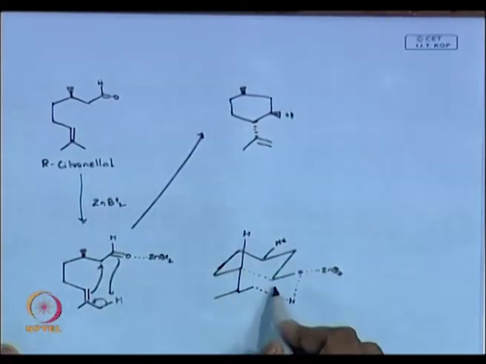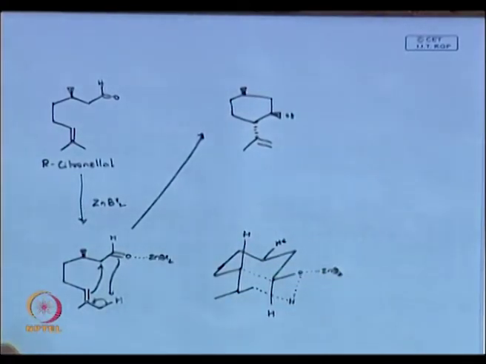I have my hydrogen here and my hydrogen here. This can be drawn like this in the transition state.